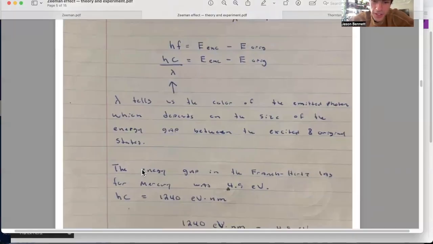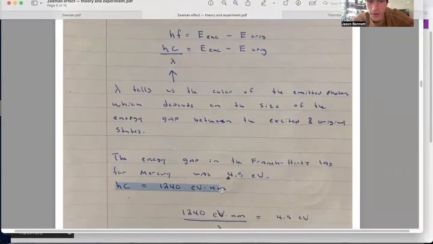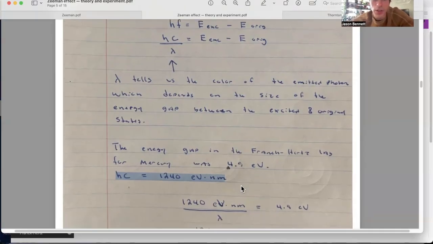This is just a little bit of a conversion so that we don't have to worry too much about units. If you were to express that in terms of electron volts and nanometers, that's what the number would be. So it's a very convenient number to work with. In our Frank-Hertz experiment, we were looking at a 4.9 electron volt difference on the ramping voltage, when the electrons had enough energy to excite the mercury between those two gap levels.